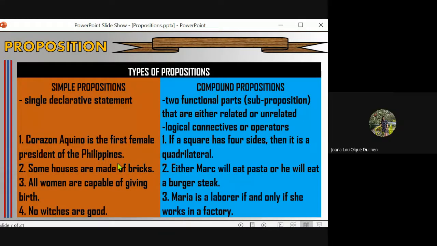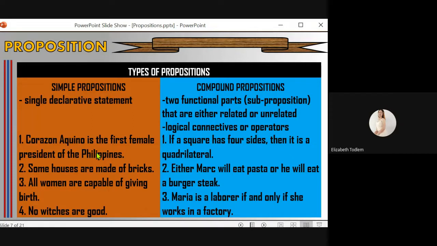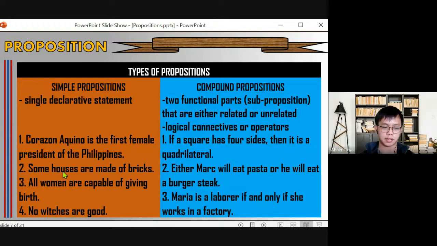Some houses are made of bricks. Okay. How about number 3? Elizabeth. All women are capable of giving birth. And number 4? Mr. Morris, please read. No witches are good. So those are examples of simple propositions.